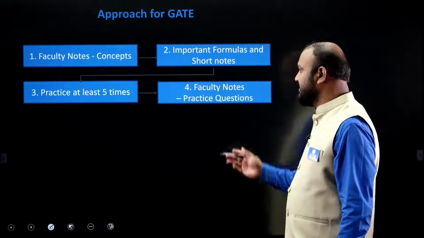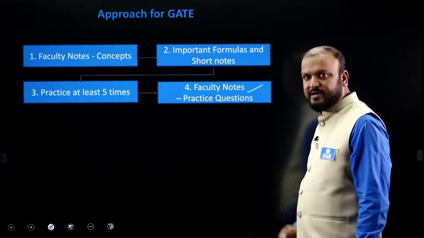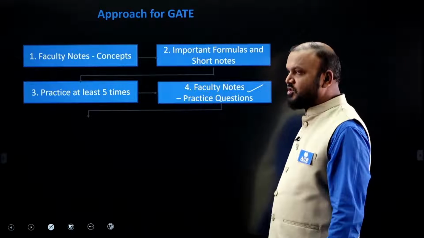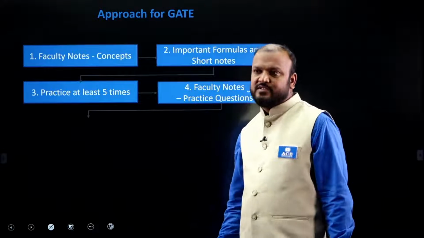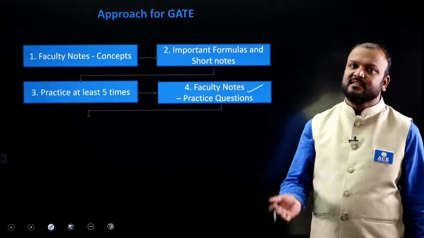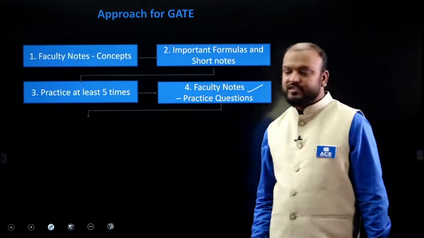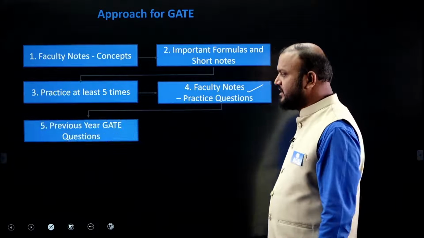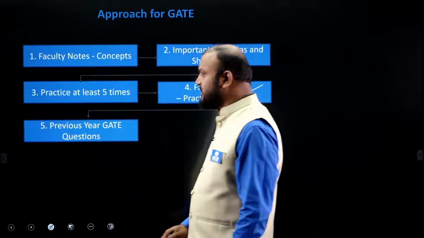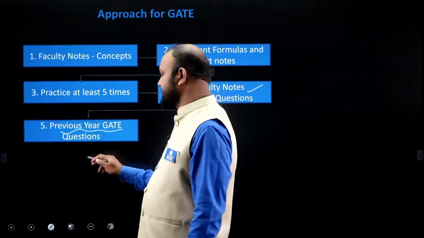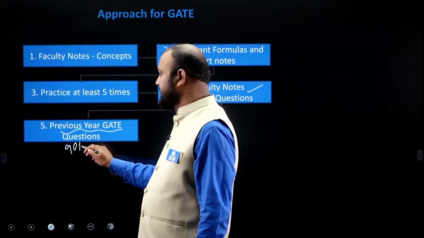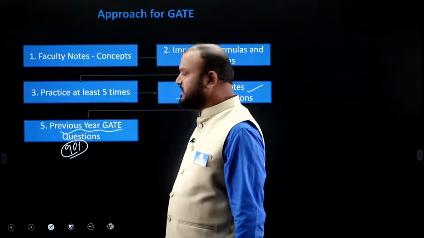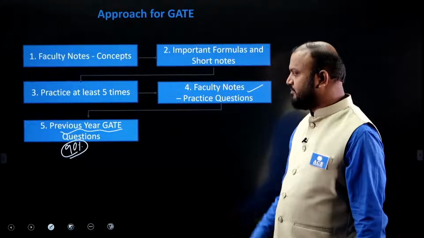Then practice all the questions from the faculty notes, because we gave questions that were asked in the previous GATE, and expected types of questions also. And very importantly, solve the previous year GATE questions, because 90% of the paper is covered from the previous questions.